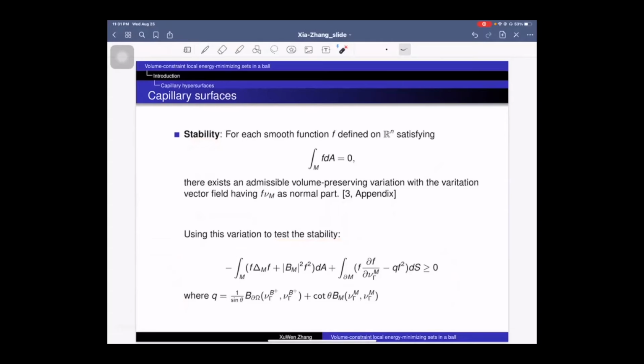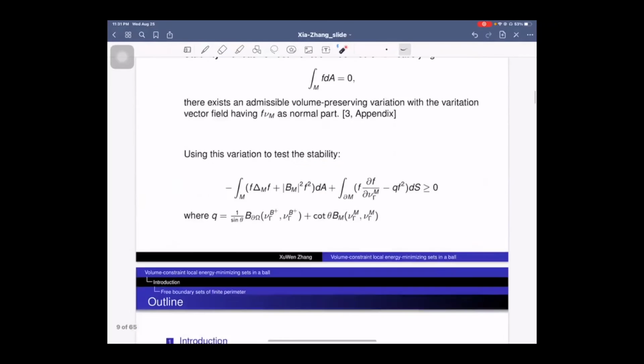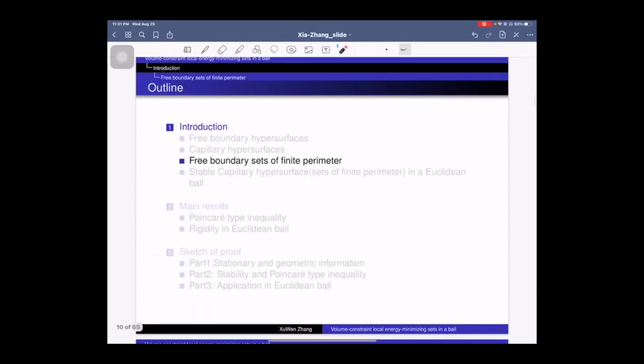And from the stability, we can derive a Poincare type inequality. These two results were well known in the last century, and we see that they come from the critical point of a functional.